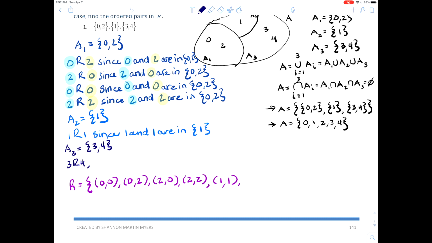Because 3 and 4 are in the set {3, 4}. We also know 4R3. And what are the other two? Beautiful. 3R3 and 4R4. And so the ordered pairs that we get from there will be awesome. (3, 4).